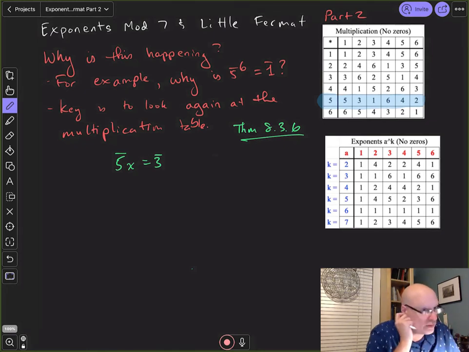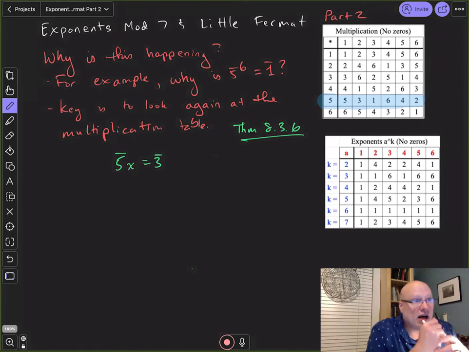In fact, all the numbers except for 0 are relatively prime to it. So we can solve this equation, and more importantly, we can solve it uniquely. I can find a multiplicative inverse of 5 that I multiply by 5, and I do the same thing to the 3 bar, and I'll get one value of x.